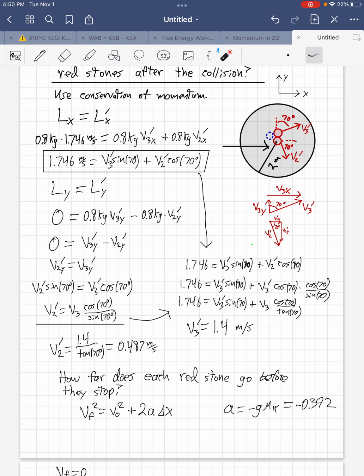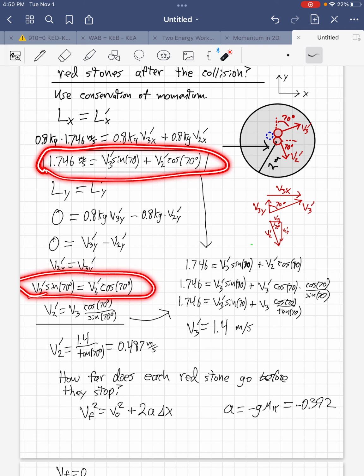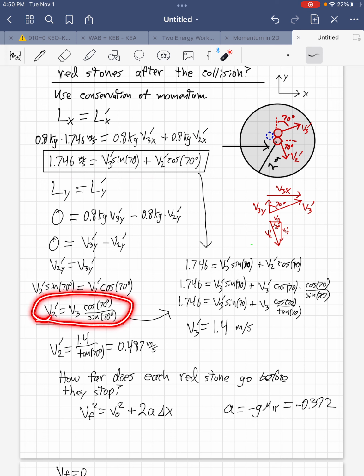And then what do we do? We have two equations and two unknowns. We express one unknown in terms of the other, and we make a substitution into the first equation. And when we do that and solve the fun trigonometry, we find that the velocity of the third stone, this one, after the collision is 1.4 meters per second.